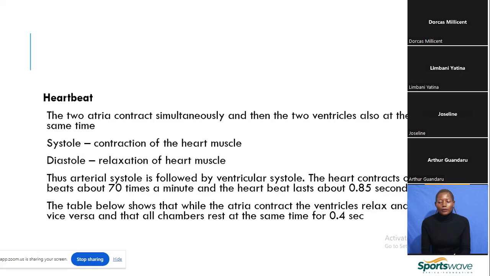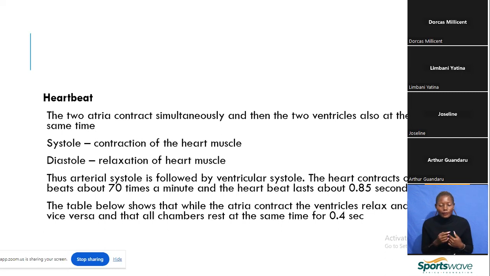Now, the heartbeat, very important. The atria contract simultaneously, then the 2 ventricles also contract simultaneously. That's how the heartbeat happens. So you have a systole, a contraction of the heart muscle, and a diastole, relaxation of the heart muscle.